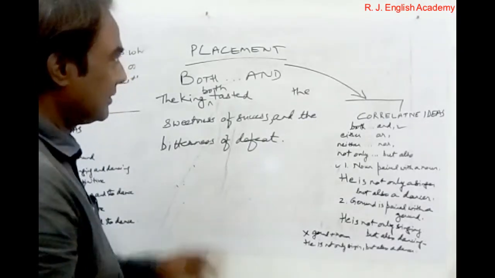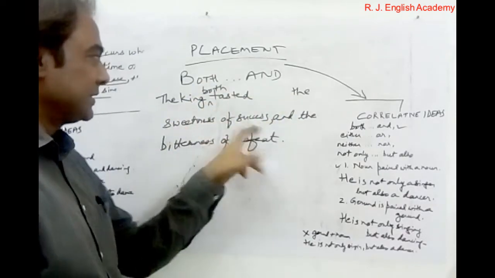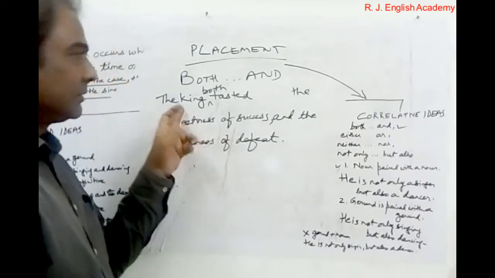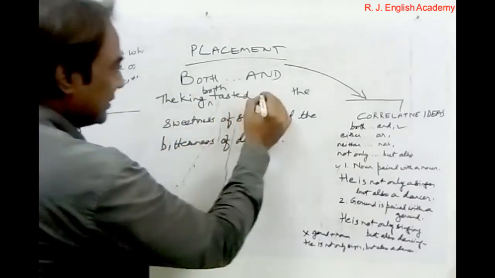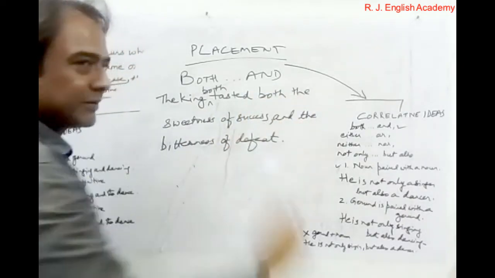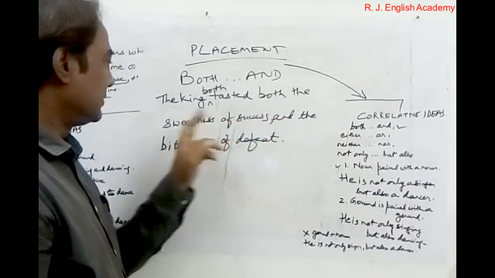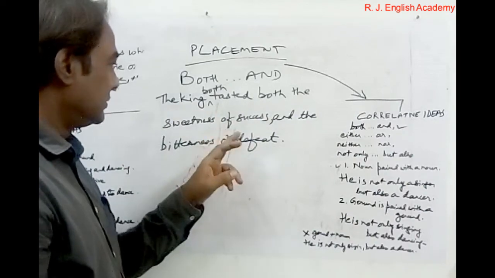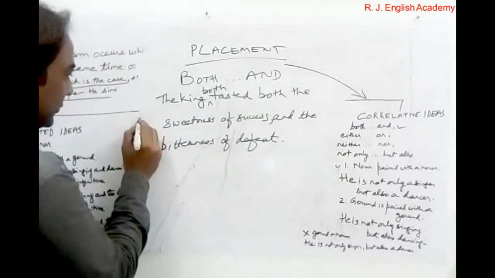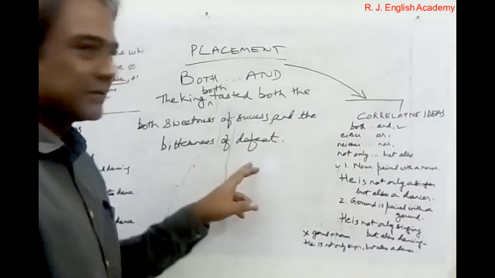Is it correct? The king both tasted the sweetness of success and the bitterness of defeat. Or should it be, the king tasted both the sweetness of success and the bitterness of defeat. Or the king tasted the both sweetness of success and the bitterness of defeat.